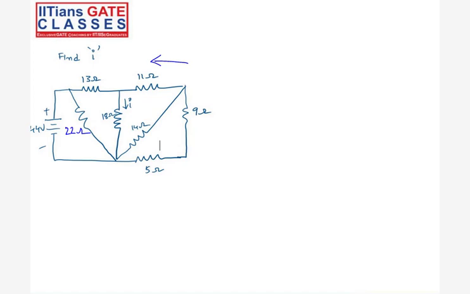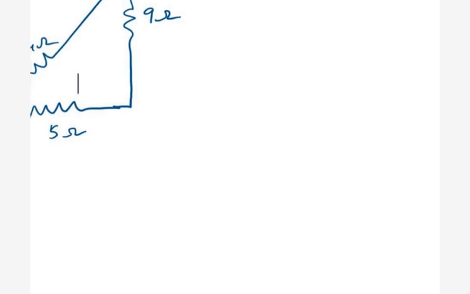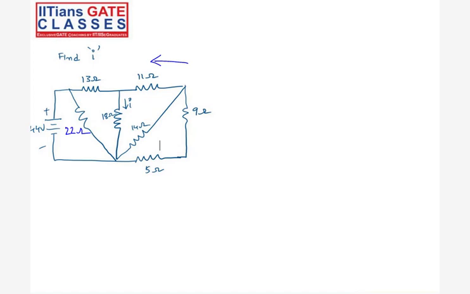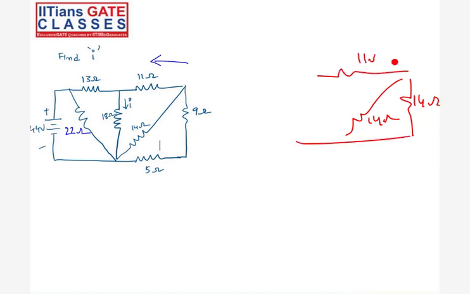So this 9 plus 5, which is 14 ohms, is in parallel with 14 ohms. What is the answer? 14 ohms parallel with 14 ohms is 7 ohms. This is 18, this is 11, and this is 7.